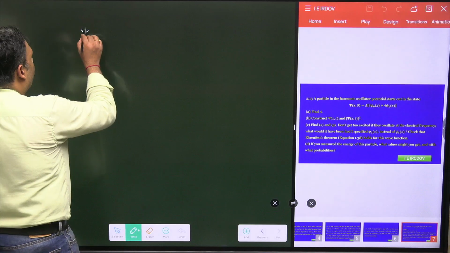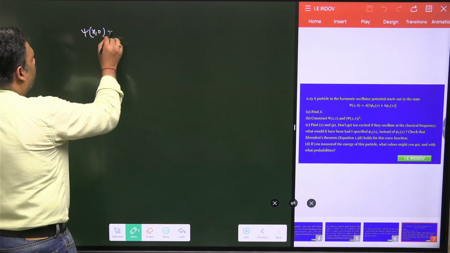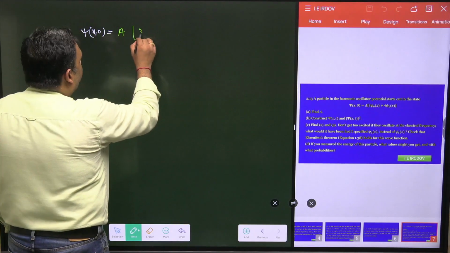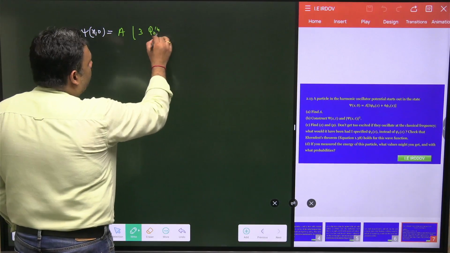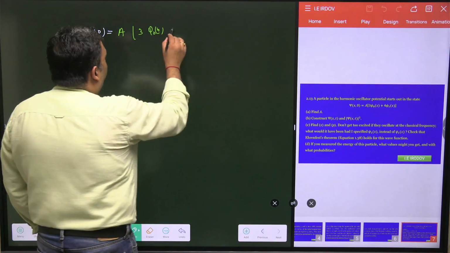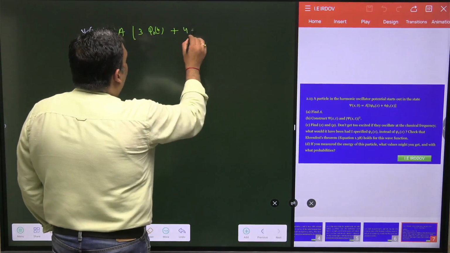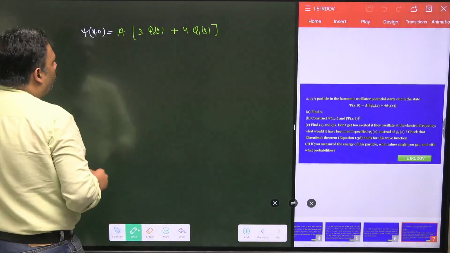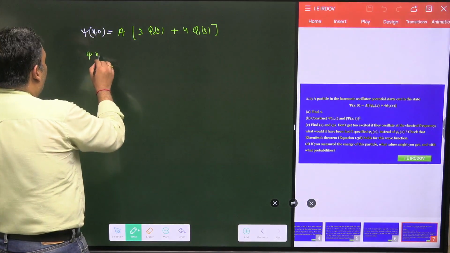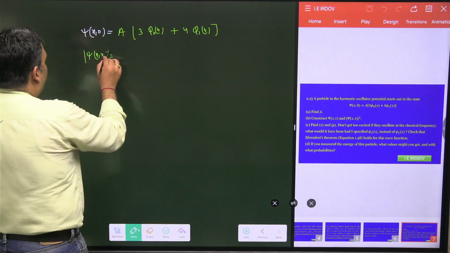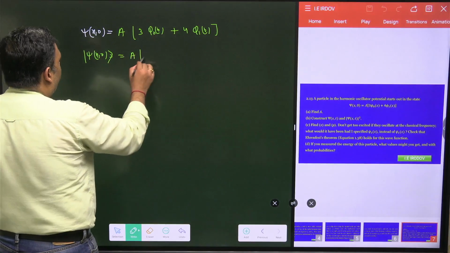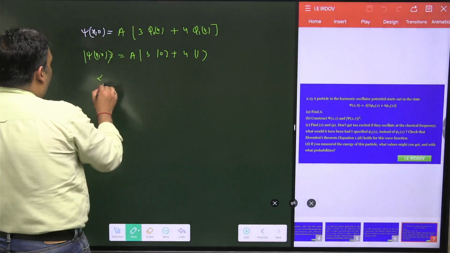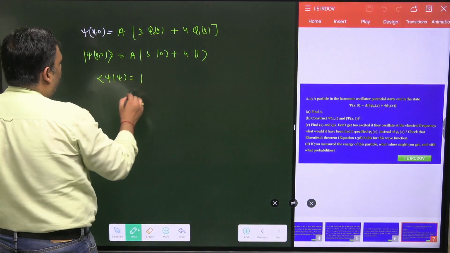At t equal to 0, psi(x,0) is given, and that value is equal to A times 3 phi 0(x), plus 4 phi 1(x). And we have to calculate the value of A. We can write it in the form of kets also: A times 3 ket 0 plus 4 ket 1, and we all know that the norm of psi must be equal to 1.